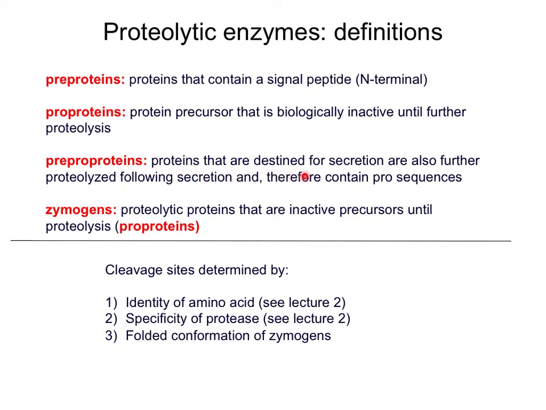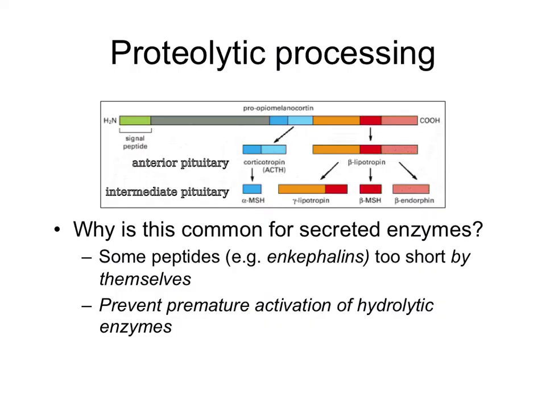Preproproteins are proteins that are destined for secretion, are also further proteolyzed following secretion, and therefore contain prosequences. Zymogens, which are the same as proproteins, are proteolytic proteins that are inactive until proteolysis. Cleavage sites are determined by the identity of the amino acids, the specificity of the protease, and the folded conformations of zymogens.